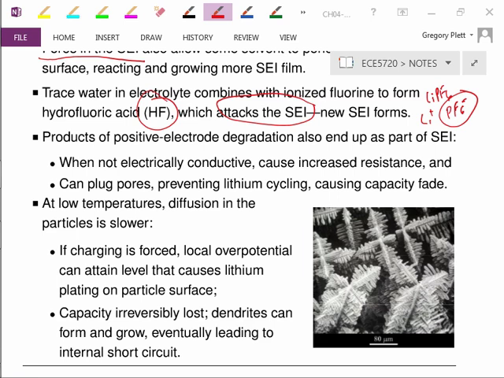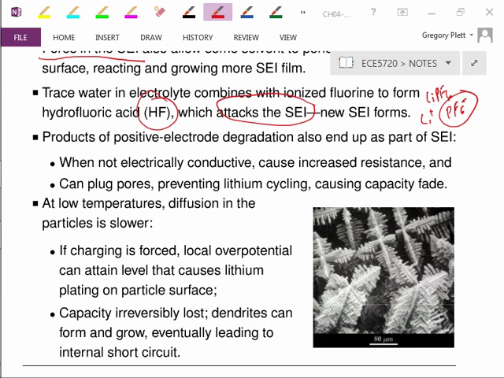And we call this anode poisoning when this happens, the cathode breaking down and forming materials on the anode or the negative electrode. It happens with other materials, not just manganese, but manganese is one that a lot of people have studied.